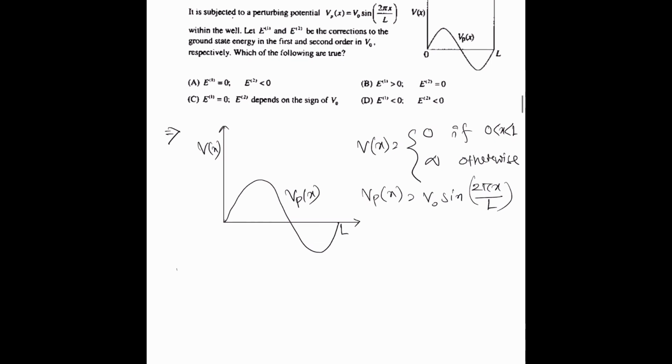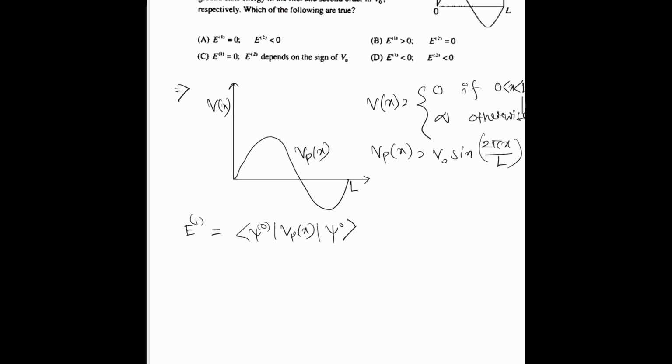So the first order correction to the ground state energy is psi naught V_p(x) psi naught. So we need to calculate this. Now for the infinite potential well, the ground state wave function is root over 2 by L sine pi x by L, right?